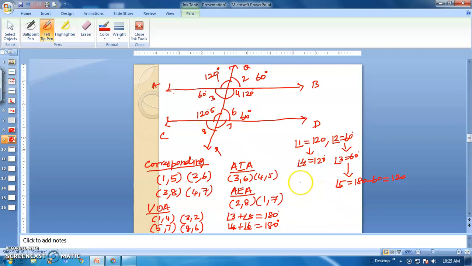Therefore angle 6 equals 60 degrees. Then what about the seventh one? This one is 120 degrees, so the vertically opposite angle is also 120 degrees. Therefore angle 7 equals 120 degrees. Similarly, here 60 means the opposite angle 8 is also 60 degrees, by vertically opposite angles. Therefore angle 8 equals 60 degrees.